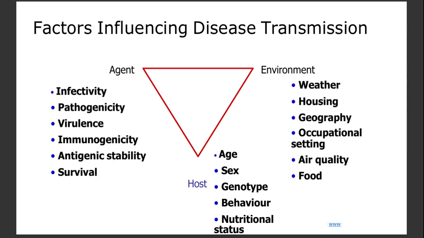Nutritional status. For example, some people are malnourished. They don't eat well. Because of that, they are prone to some conditions. The environment is also very important, like the weather. For example, a cold or a flu is going to be more common in cold weather than in hot weather.